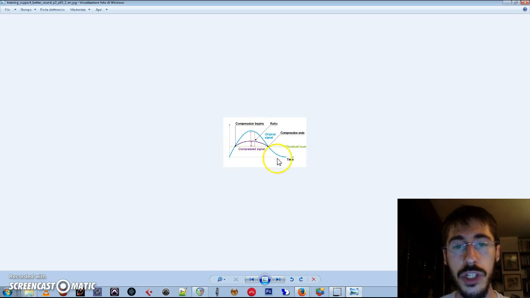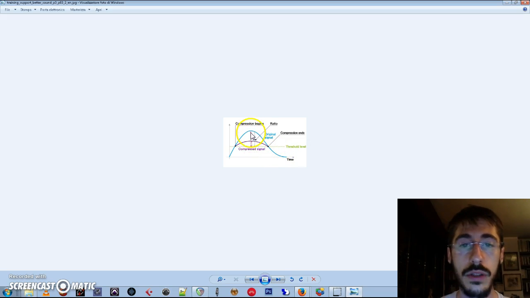This is our original signal, that is our uncompressed signal. Here, when the signal goes beyond our threshold level, is the signal that is being compressed. Here, when the signal is going below the threshold level, is our signal that is left uncompressed.